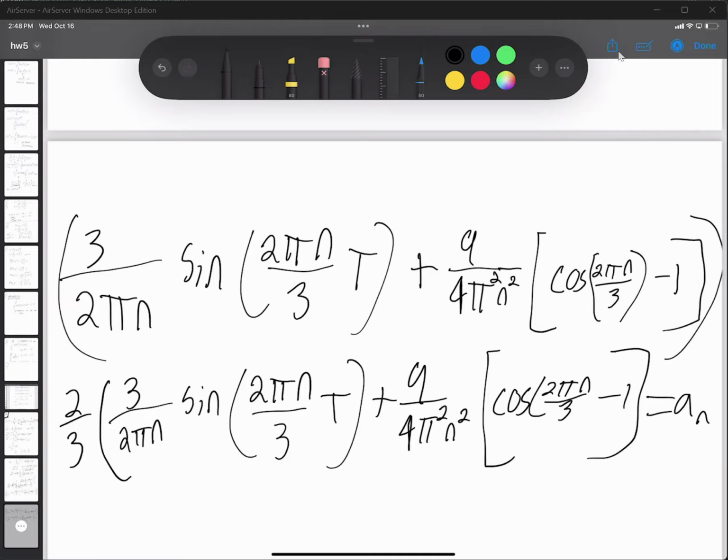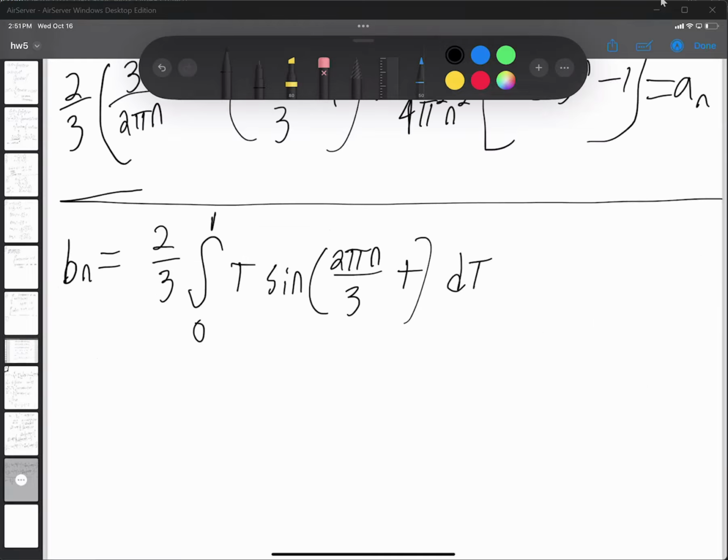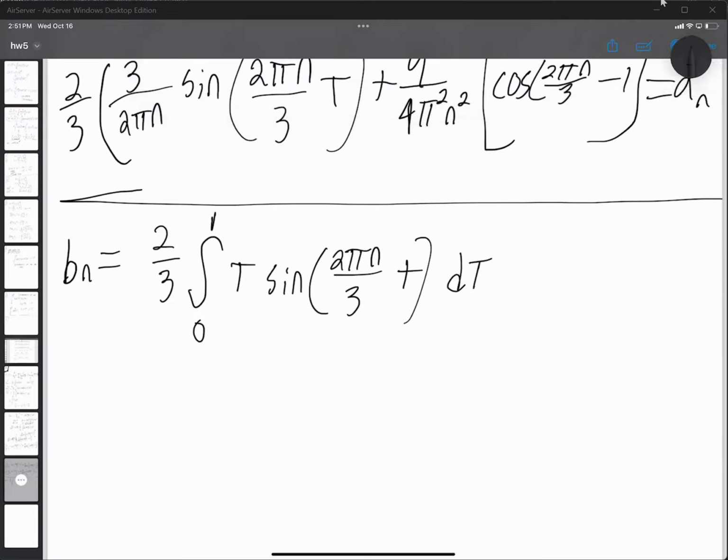Now we need to solve for b of n. Alright, so now we have b sub n. We need to do the sine portion, the odd portion of the function, which is 2/3. Basically almost the same setup, but it's sine. Well, let's do integration by parts. U is equal to t, du equals dt.